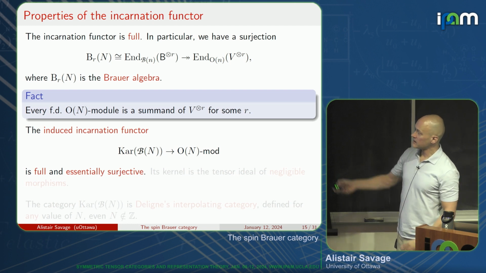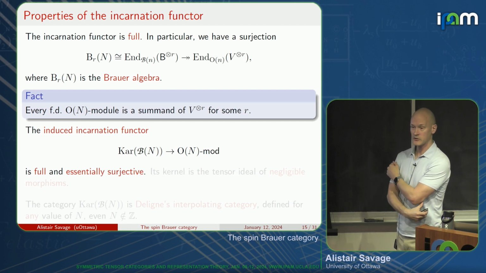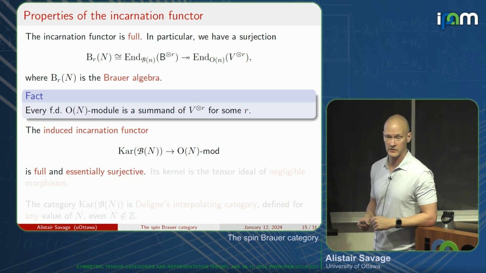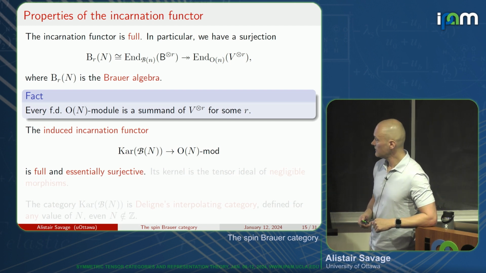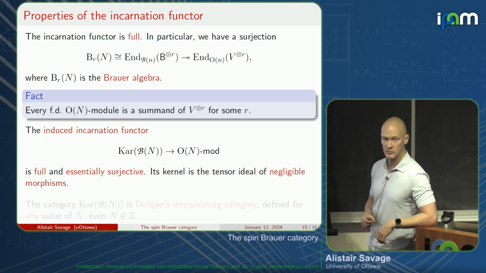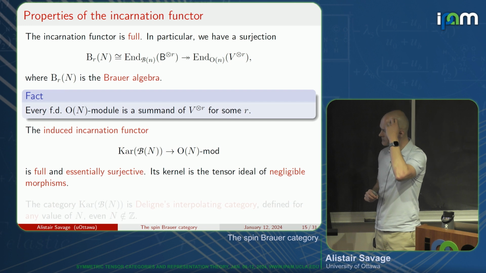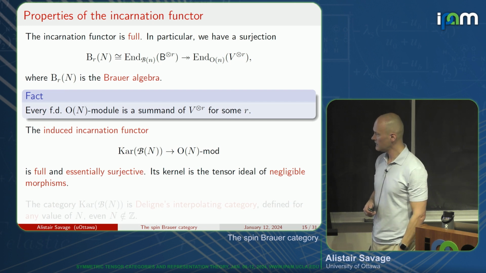This fact then tells us that our functor, after passing to Karoubi envelopes, is essentially surjective. We hit all finite dimensional modules for the orthogonal group. And you can also describe its kernel. Its kernel is a tensor ideal of negligible morphisms, which we saw this morning, a precise definition of what this is, and we've seen it in other talks, so I won't recall that.